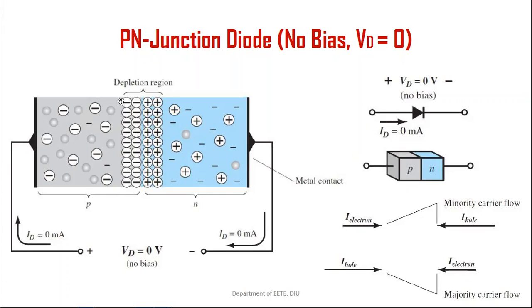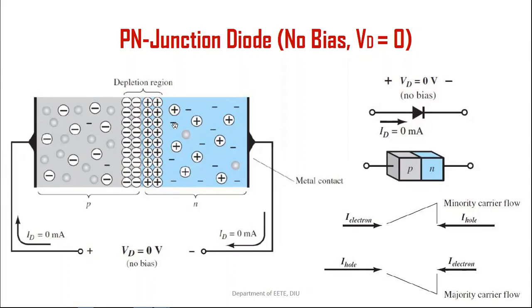Why? Because when the depletion region is created, when this hole will try to move in this direction, as the hole is positive and the positive ion is already here, this positive hole and this positive ion will repel, so it will not allow this hole to flow.